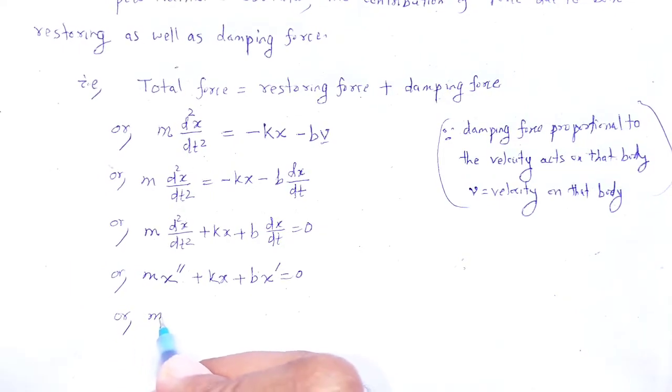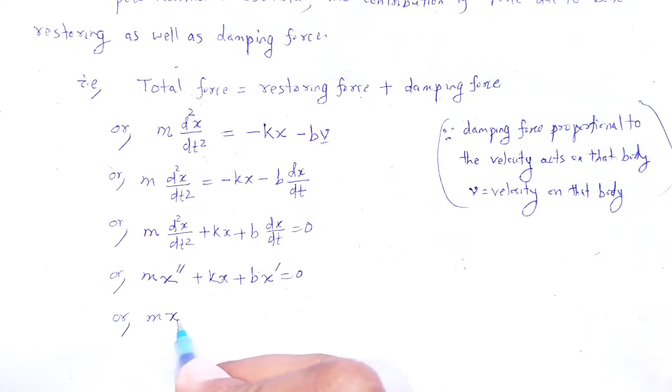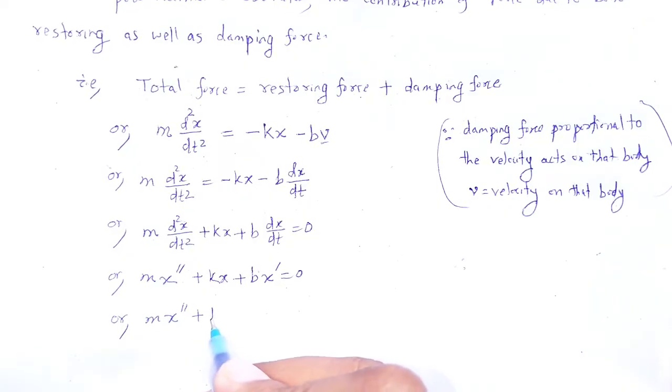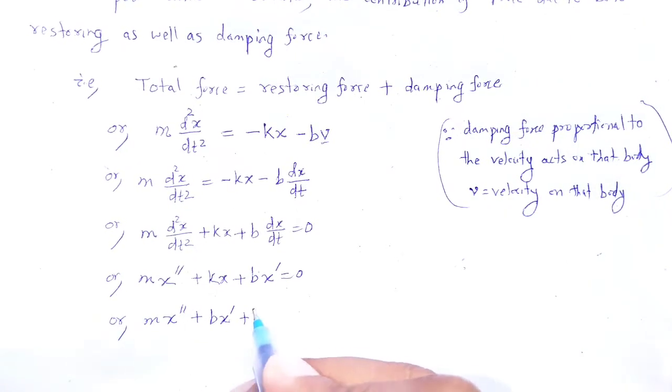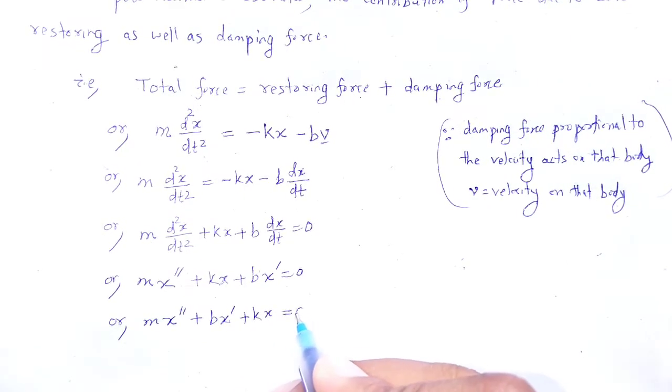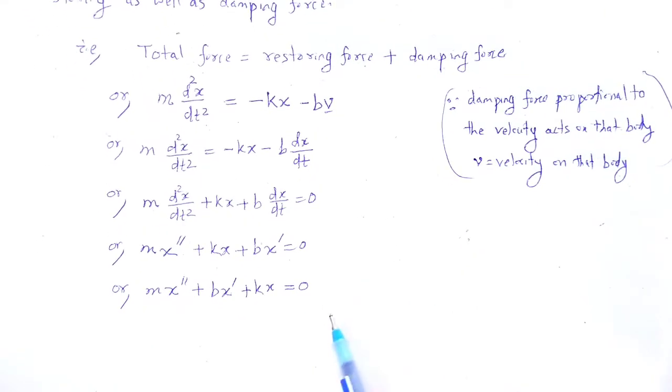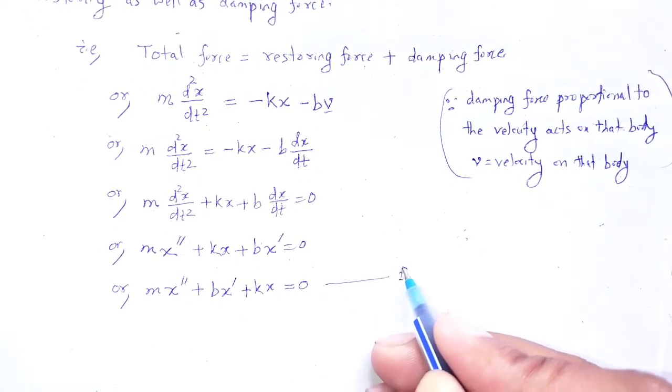Rearranging, m x double dash plus b x dash plus kx is equal to 0, equation number 1.